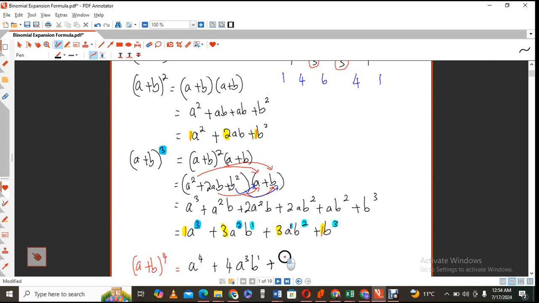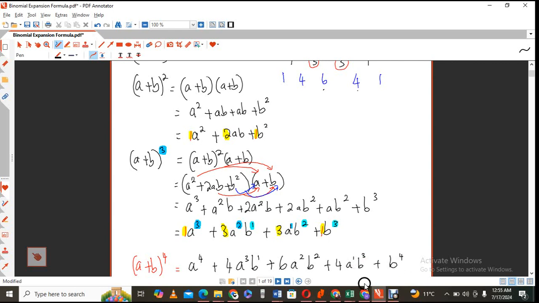The next one, the coefficient is 6, as you can see from the triangle over there. 6, a is going to decrease and b gains 2 more. And then the next one is going to be plus 4, the coefficient that you have. 4, a is going to lose 1 and b is going to gain 3. And then the last one is just 1, the coefficient, there's no need for us to write it, but it will just now be b raised to the power of 4.